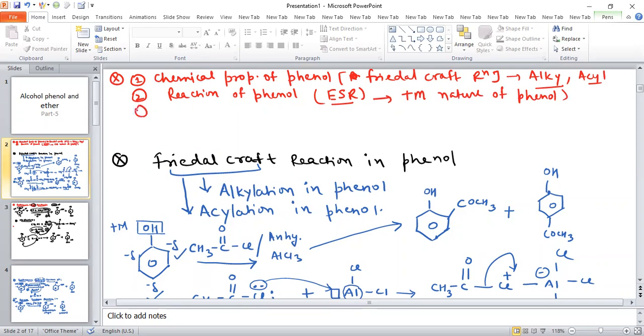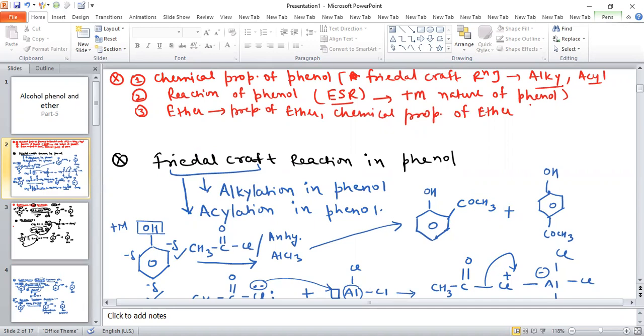Then we have discussed ether, the preparation of ether, and also the chemical properties of ether. We have discussed the preparation of ether, lots of reactions. So all these topics we have discussed.